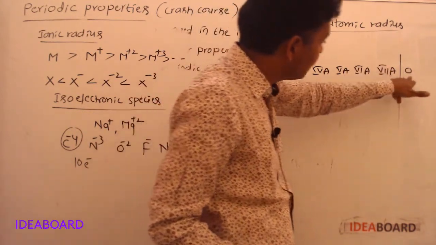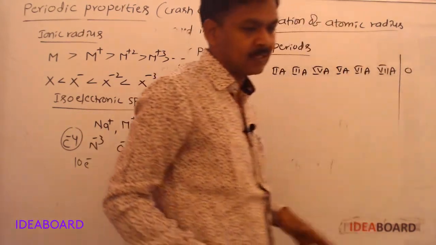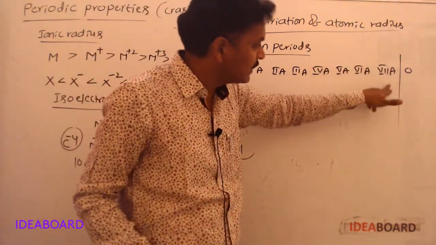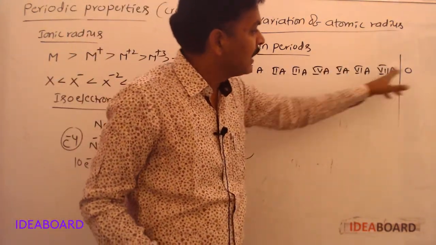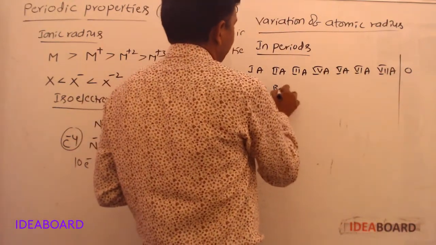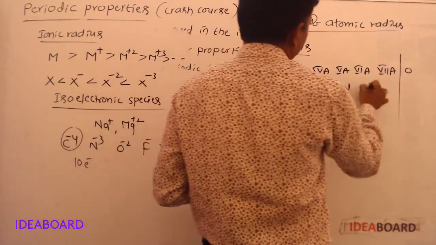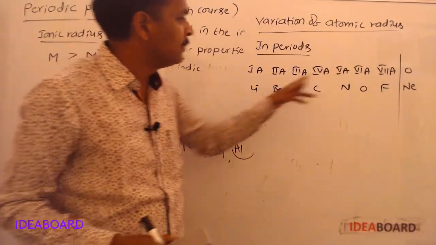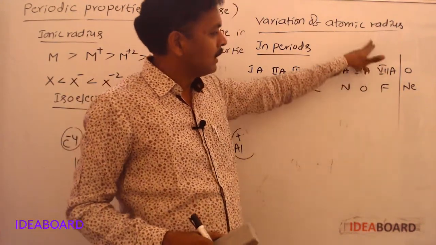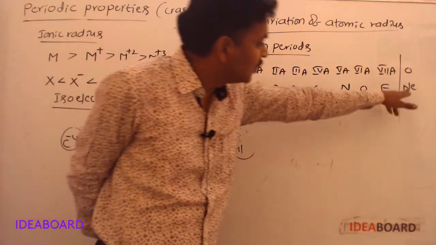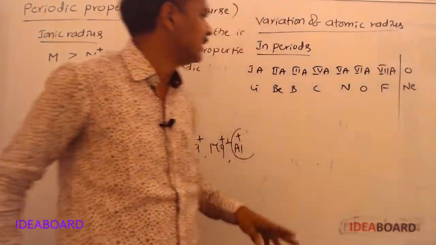From 7th A to 0, atomic radius suddenly increases. If we take lithium, beryllium, boron, carbon, nitrogen, oxygen, fluorine, neon, from lithium to fluorine atomic radius decreases, but thereafter suddenly increases because for zero group elements the van der Waals radius is considered.